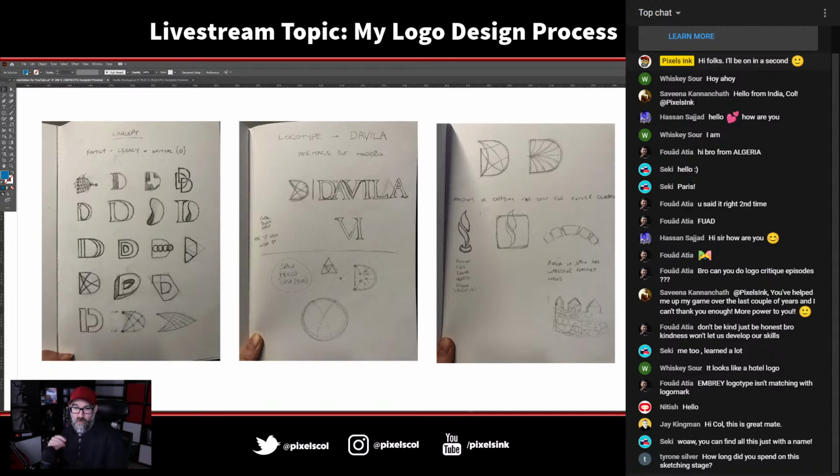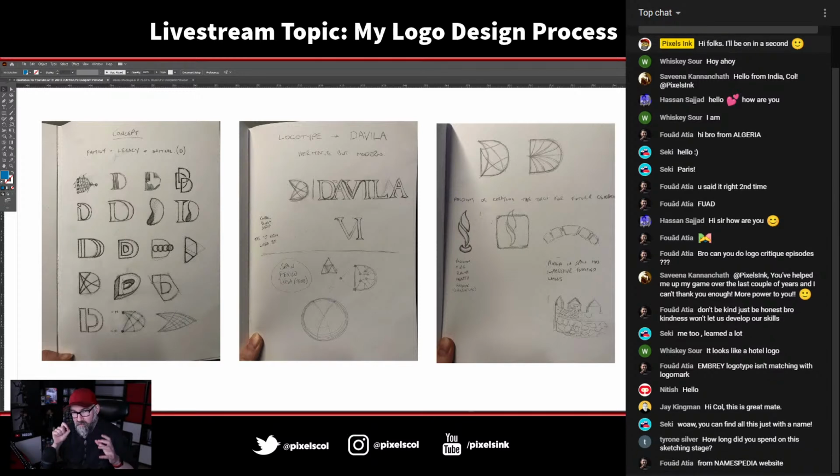Tyrone's asking how long I spend on the sketching stage. It really depends. Sometimes a concept will come through pretty quickly that I think's strong enough to move into Illustrator and start brainstorming with it. Other ones I can spend a long time. I take regular breaks. I would recommend that you don't sit sketching for hours and hours on end.